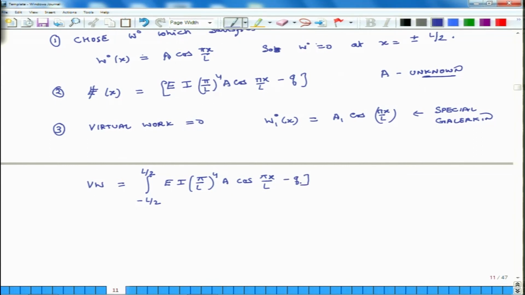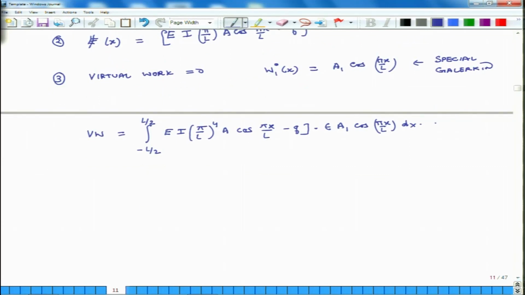This is the error times virtual displacement multiplied by the small parameter. That small parameter is epsilon and the virtual displacement function is A1 cosine pi x over L dx. Okay. And this virtual work should be equal to 0.